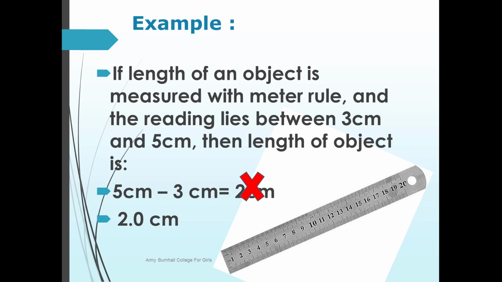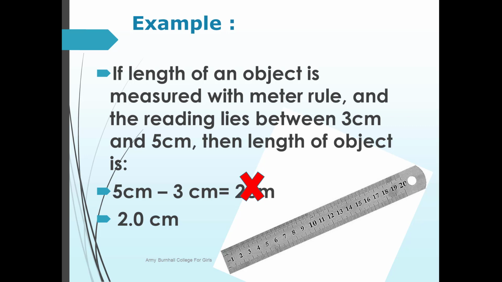Just looking at the reading can tell us which measuring instrument is used. If I write the answer as 2.00 centimeters, then it tells us that we are using vernier calipers. If we write it as 2.000 centimeters, then it tells us that we are using screw gauge.